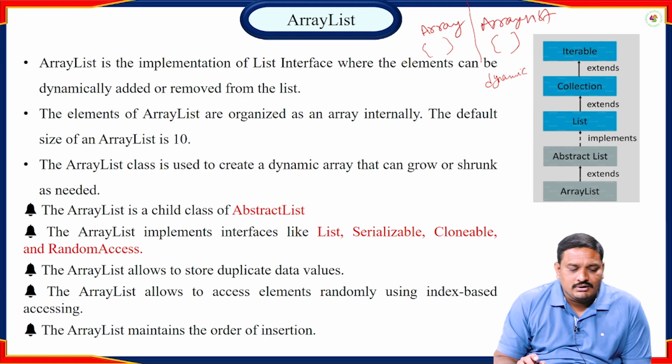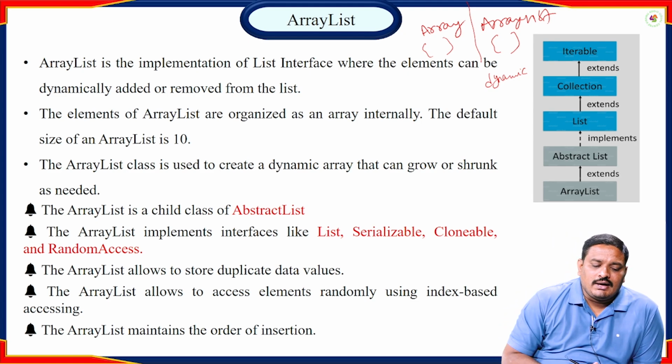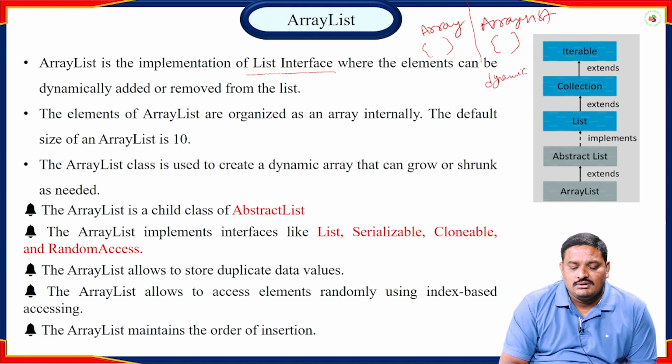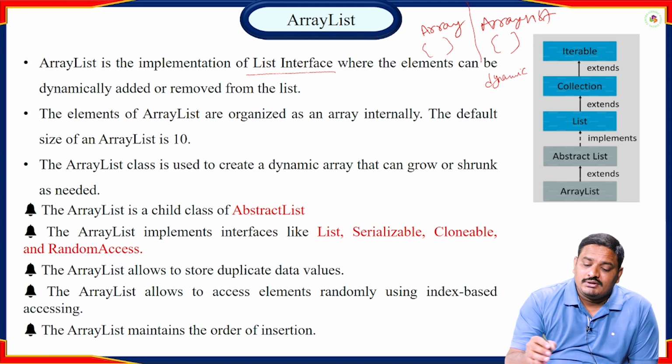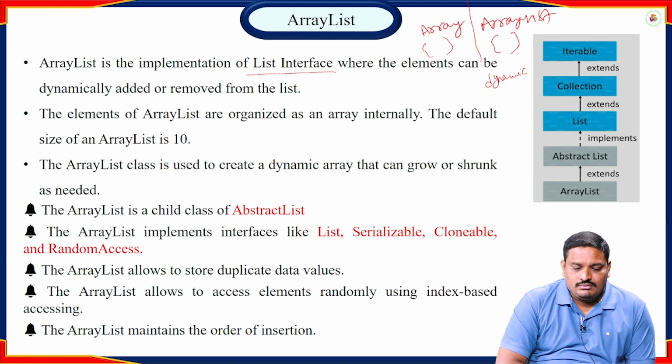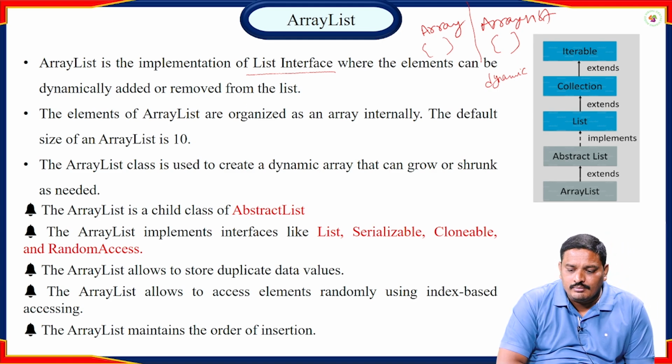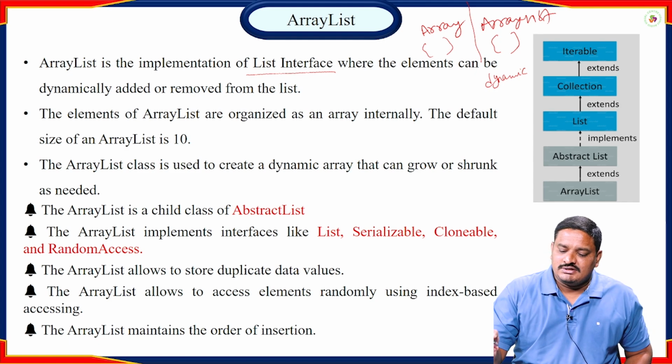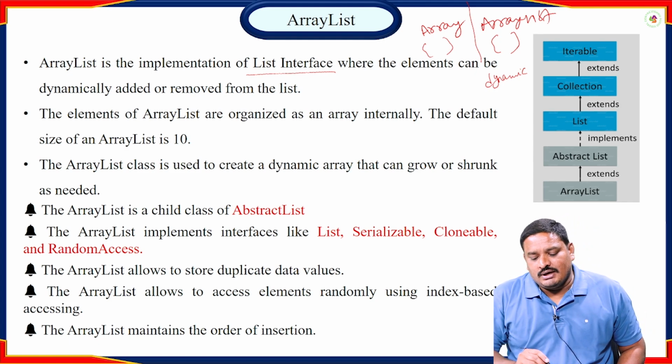Okay, now coming to the array list. The array list is an implementation of list interface where the elements can be dynamically added or removed. See this example. What is the hierarchy of the array list?